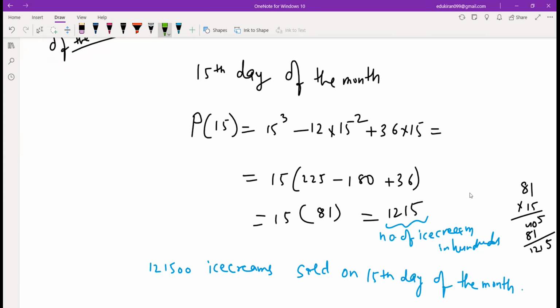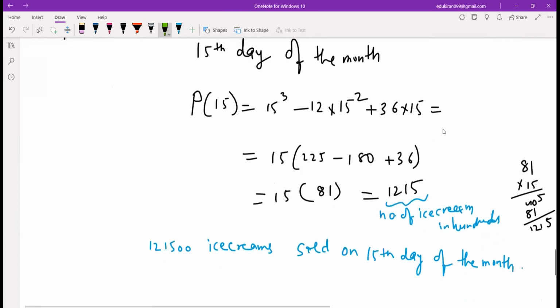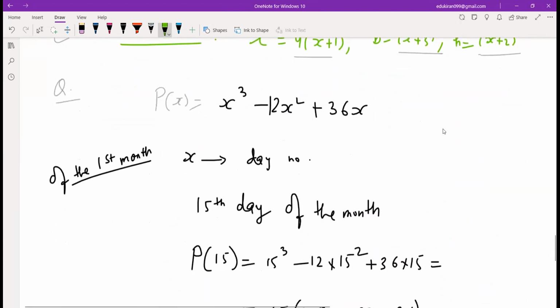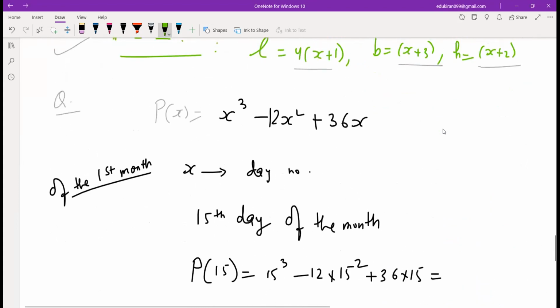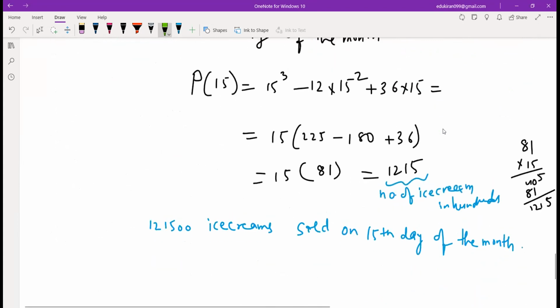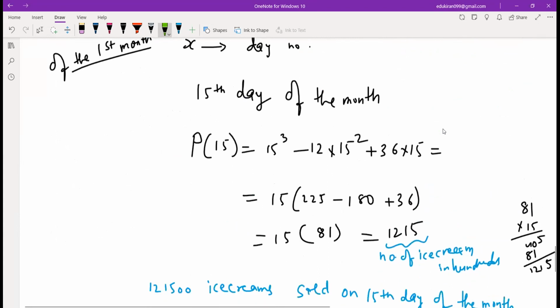Yeah, kind of, yes, sir. Okay. So if we talk about that, px is this, and they are saying that which day or which days of the month you are having more than 3200 ice creams. Isn't this what they are asking? Yes, sir. That's the thing.